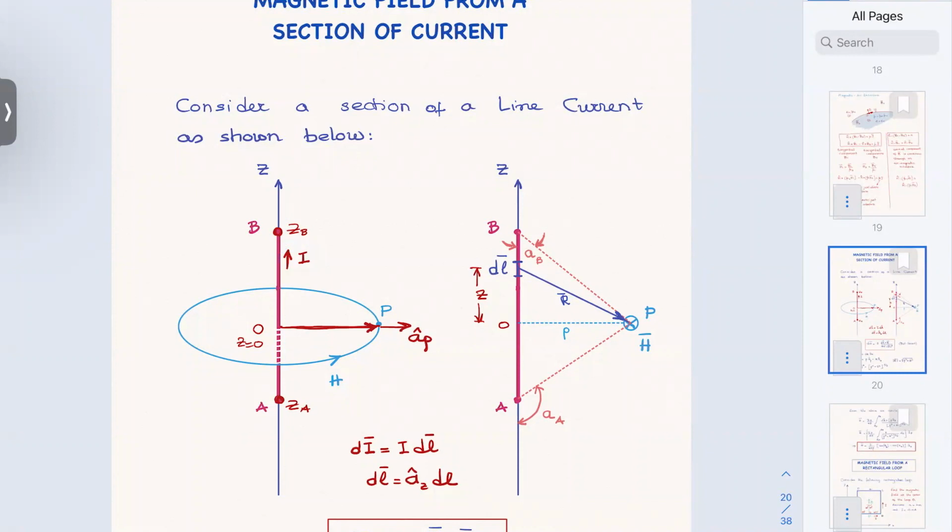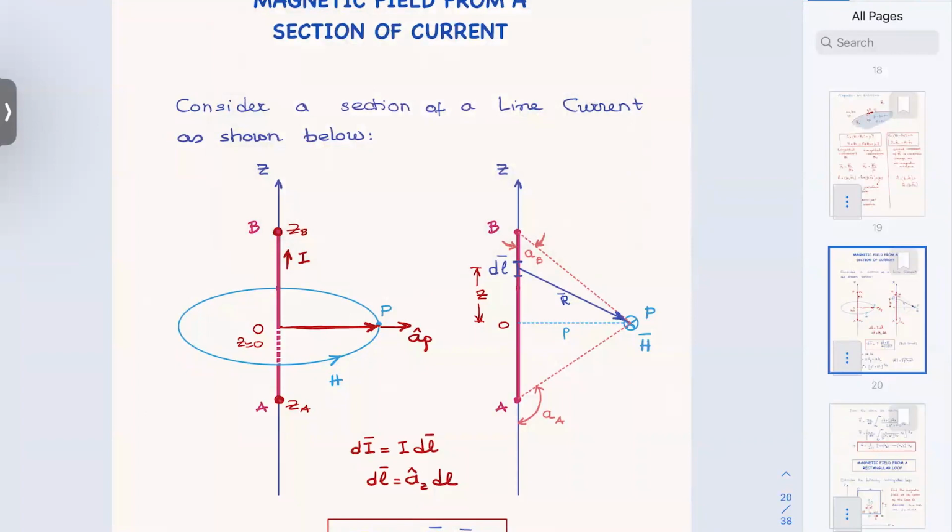And now we know, of course, first of all, that the magnetic field line is going to close around the wire, all right? And if the current goes up, then the direction of the magnetic field is going to be this one.